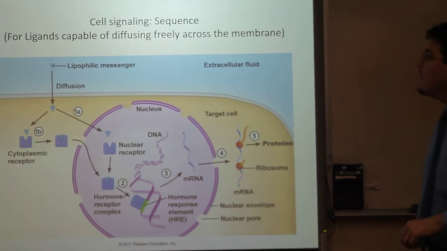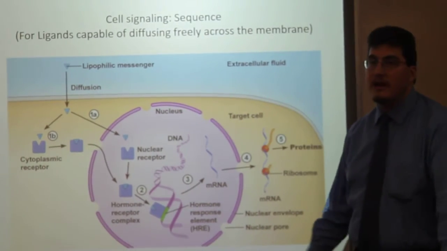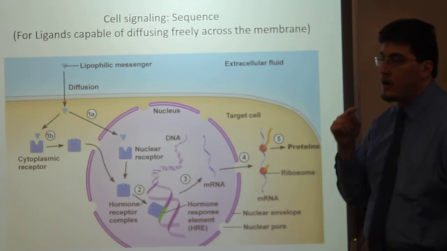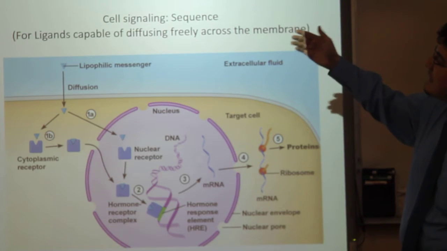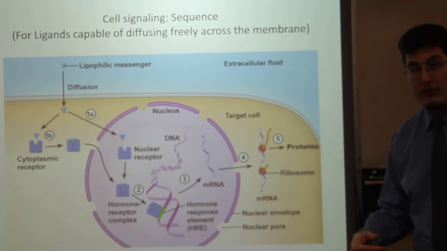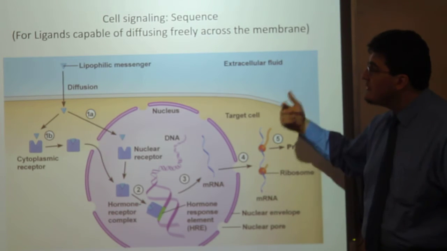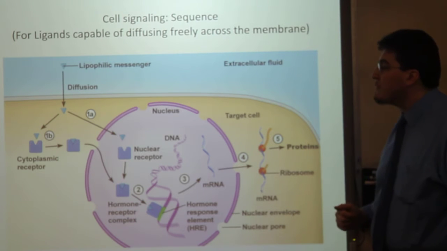Now, for ligands that are capable of diffusing freely across a membrane, a receptor-bound membrane simply will not do. You need to have receptors in your cytoplasm or in your nucleus, depending on where you need your hormone or neurotransmitter to go. If the hormone is a lipophilic messenger, lipophilic or nonpolar, it can cross the membrane by diffusion freely. Once it diffuses across, it will meet up with that receptor.